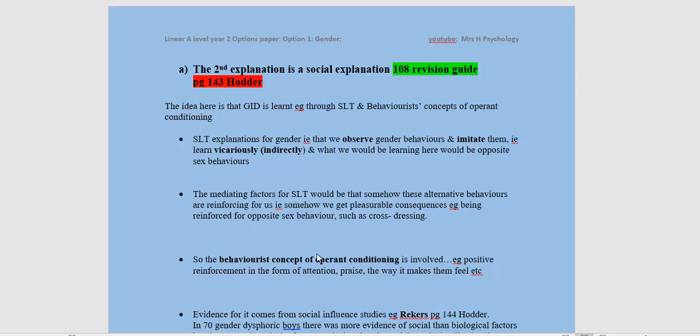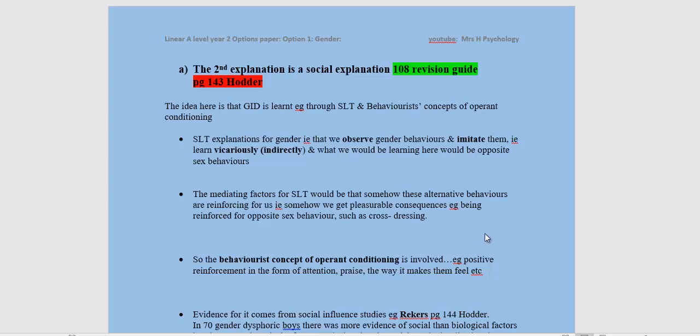Obviously with SLT, you're also trying to make reference to mediating factors. And here, these would be that alternative behaviors are somehow reinforcing for us. In other words, we somehow get pleasurable, good consequences, and so we're reinforced for that opposite sex behavior in some way, for example, cross-dressing.